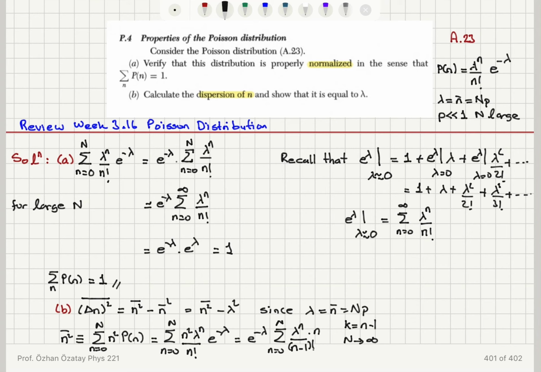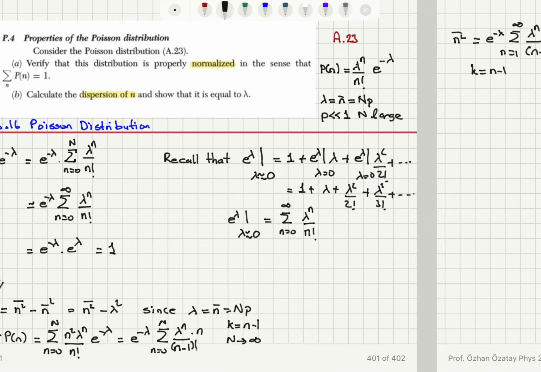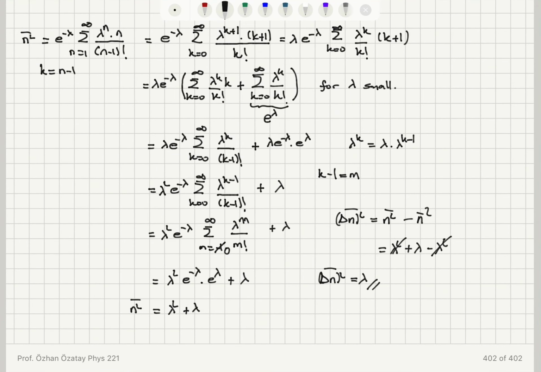N squared lambda to the n e to the minus lambda over n factorial. So e to the minus lambda parentheses gives us lambda to the n times n squared over n factorial, or n over n minus 1 factorial. So I call n minus 1 k, and I notice that the n equals 0 term does not exist. It gives me a 0, so k starts from 0.